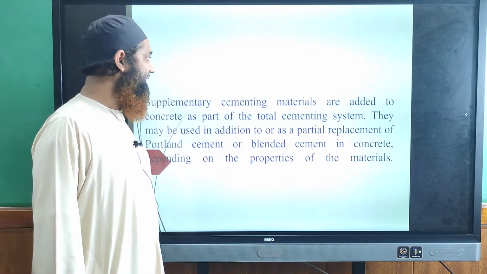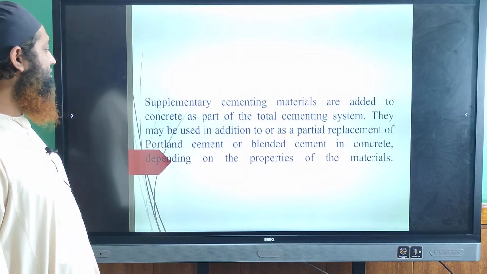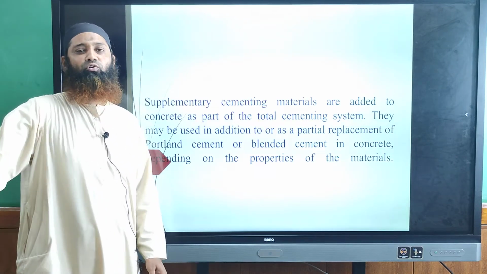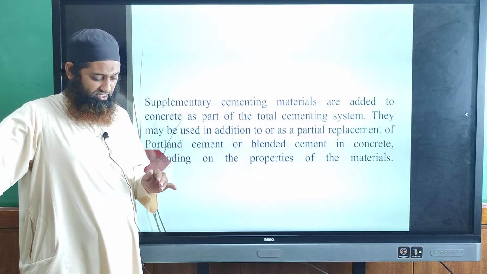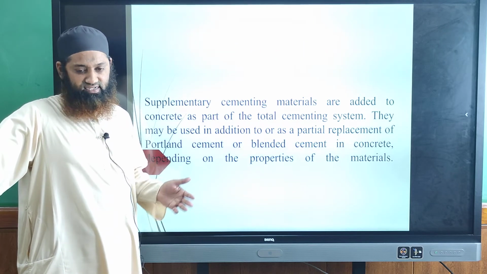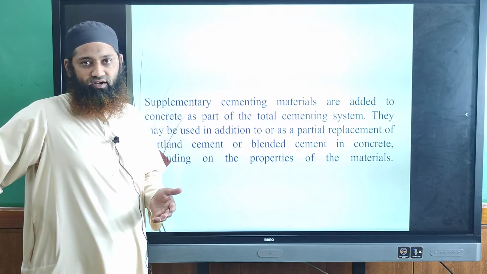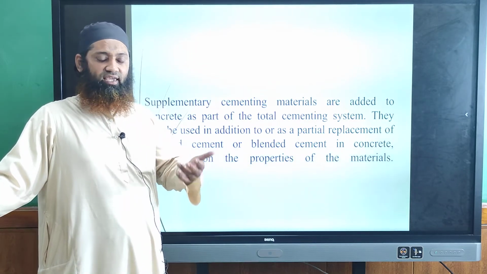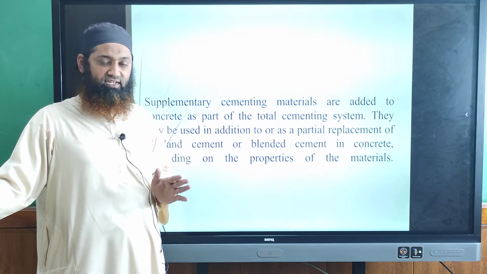Now cementing materials are added to concrete as part of the total cementing system. Why do we want to come up with different supplementary cementing materials? Construction is taking place at a very rapid pace, and everybody wants good houses in rural areas as well as in urban areas.